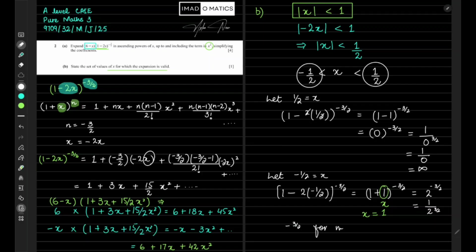For negative fractional powers, if x is equal to 1, the expansion is not valid or does not converge.